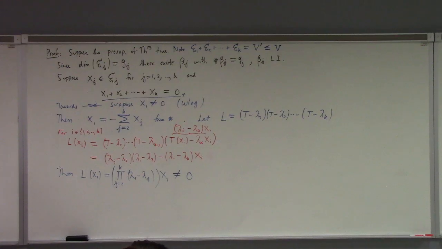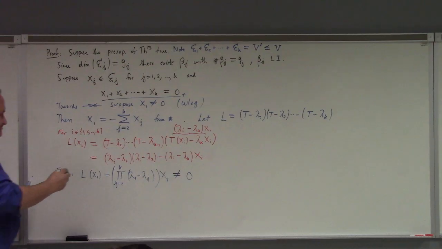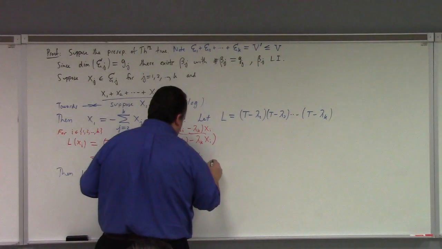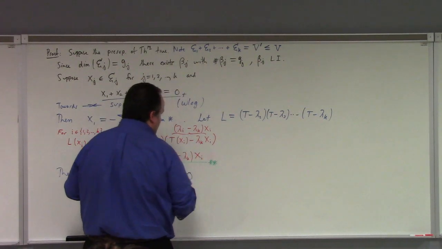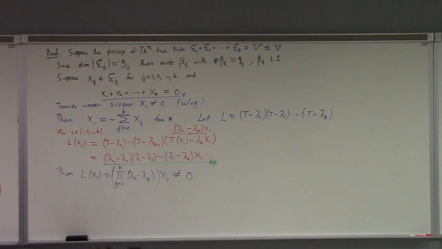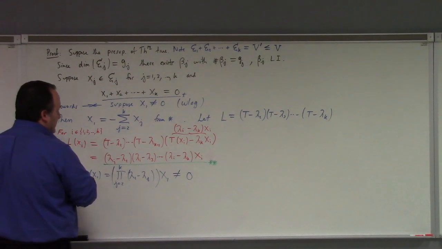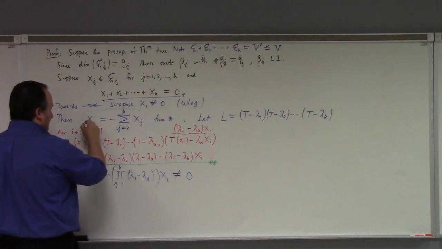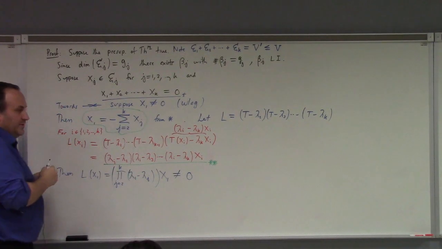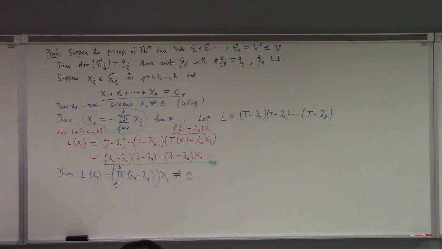All right? Now on the flip side, I can use equation star star. All right, this thing. And we can calculate L of x1 a different way, right? Because we can use this right here. See? We can use that to calculate L of x1.